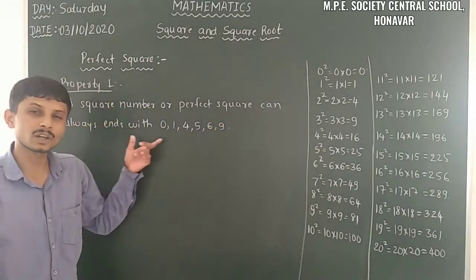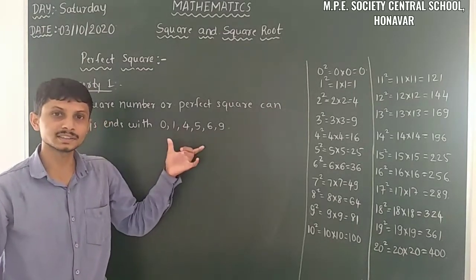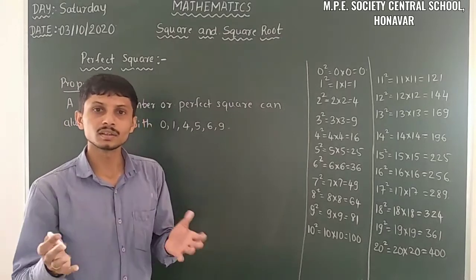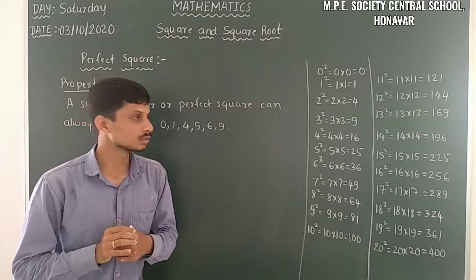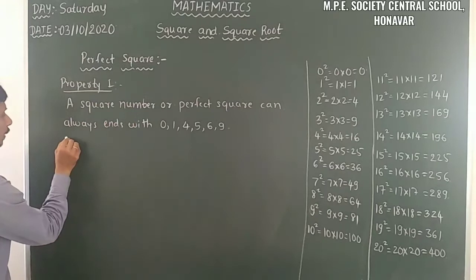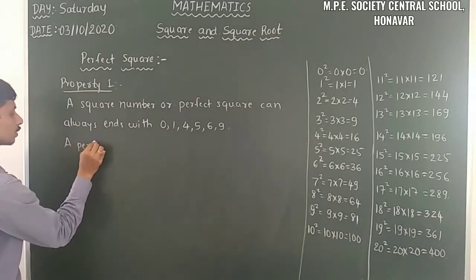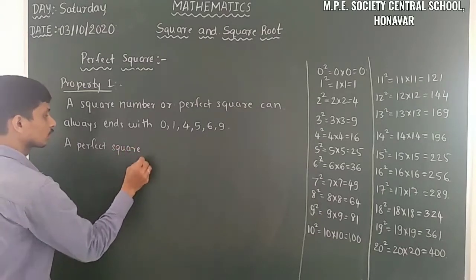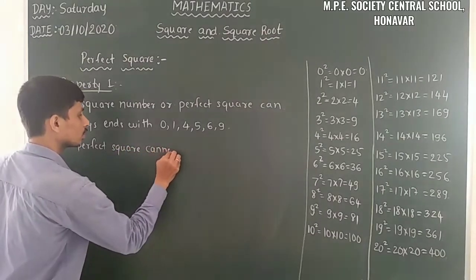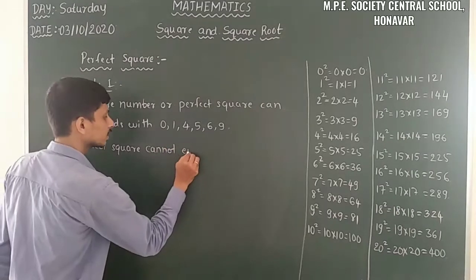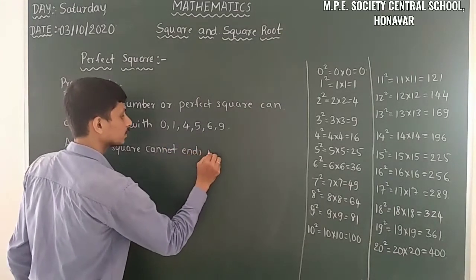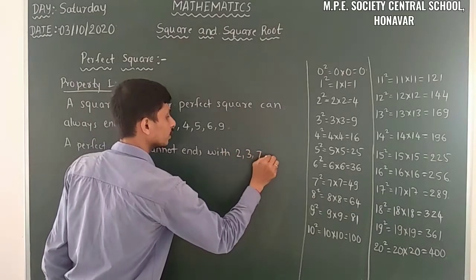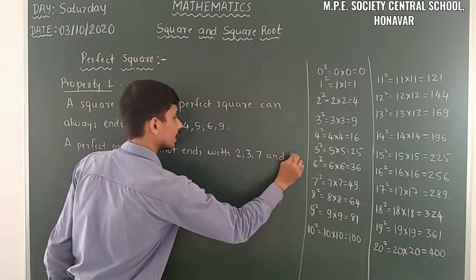So these are the possibilities of ending digits of square numbers. Otherwise it is not a square number. So that means a square number or a perfect square cannot end with 2, 3, 7 and 8.